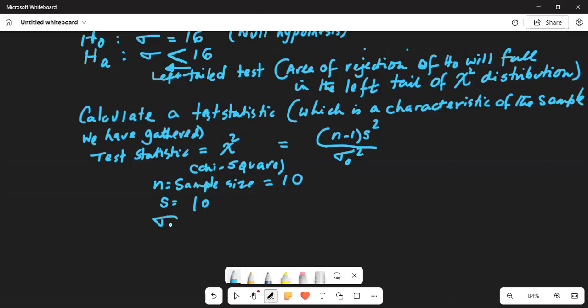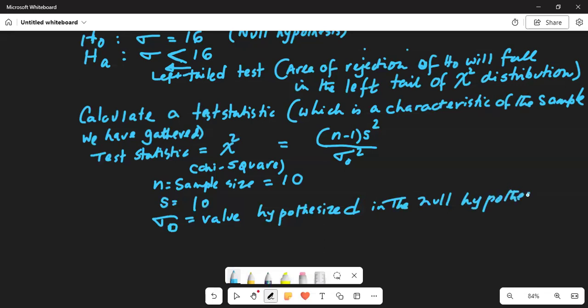And what is sigma 0? It is the value hypothesized or guessed in the null hypothesis. So sigma 0 in this case is equal to 16.